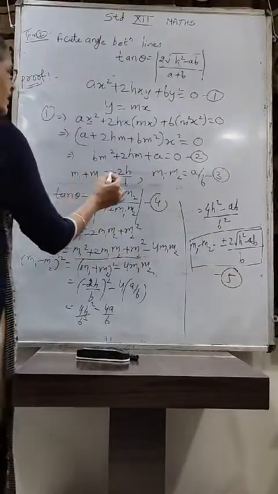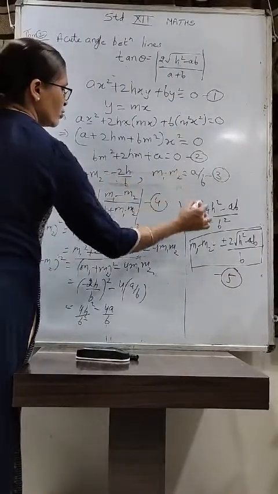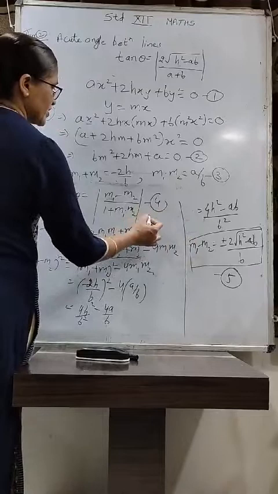Now we have three terms: m1 plus m2, m1 into m2, and m1 minus m2, and our main equation is equation 4.